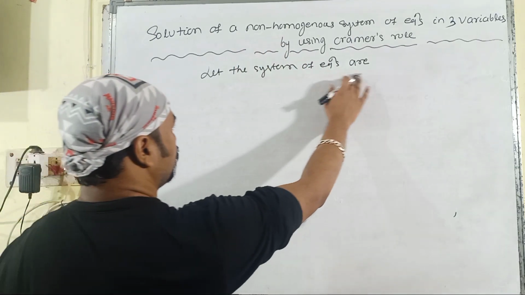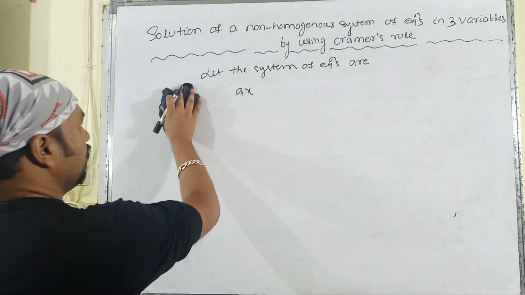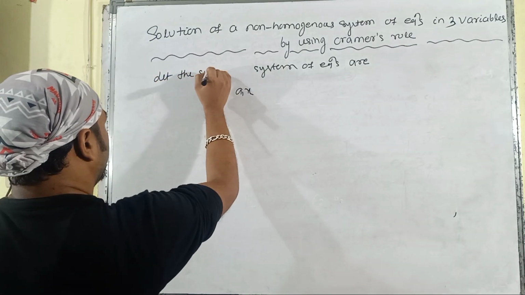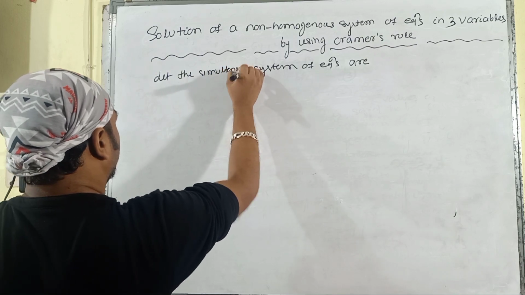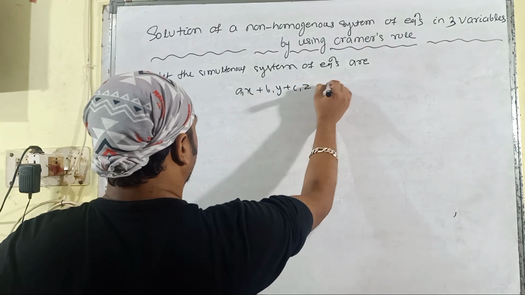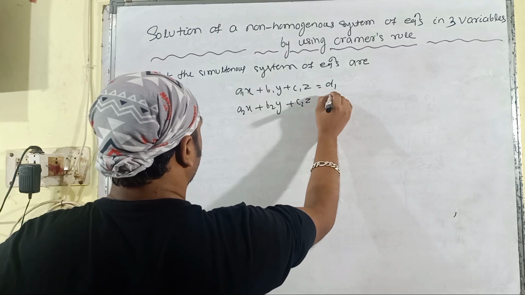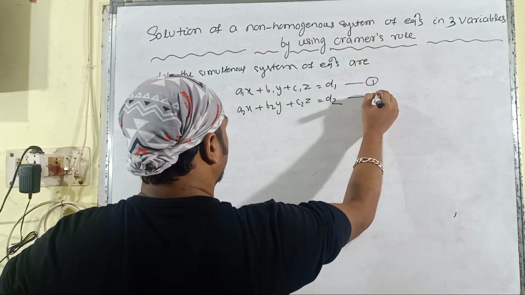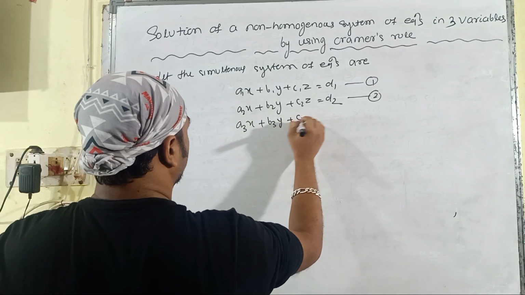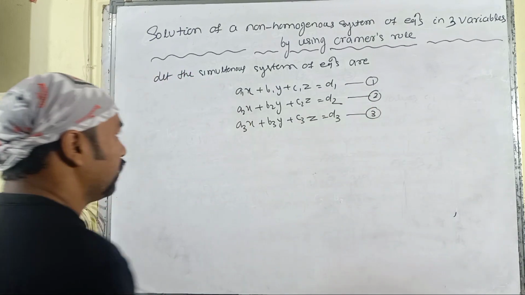Let the simultaneous system of equations be a1x plus b1y plus c1z is equal to d1, a2x plus b2y plus c2z is equal to d2. This is the second equation, and this was the first equation. And the third equation will be a3x plus b3y plus c3z is equal to d3.